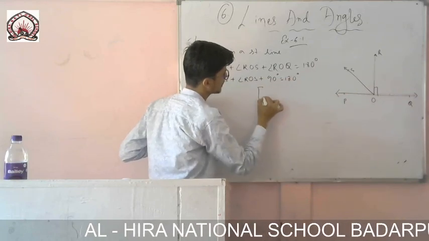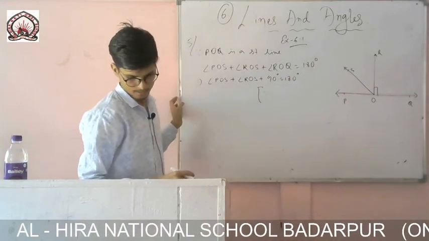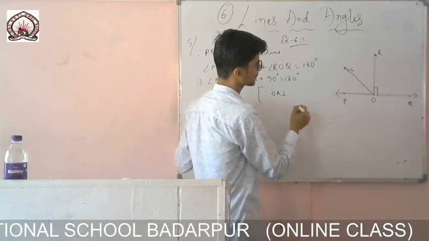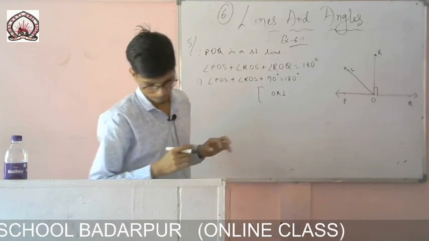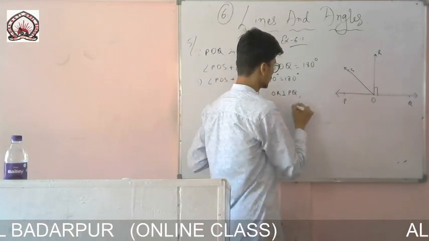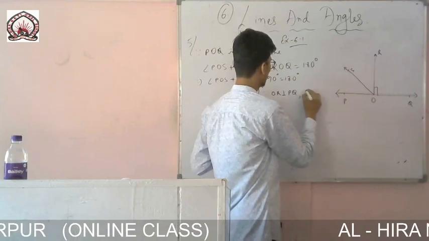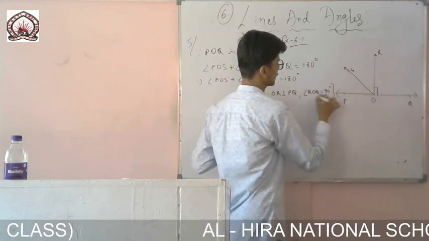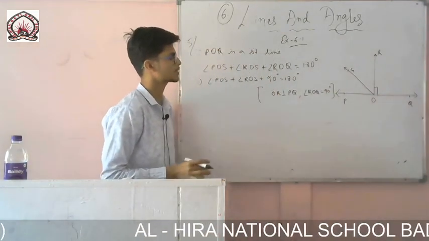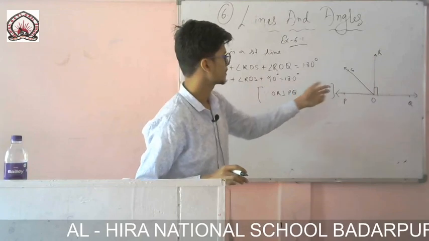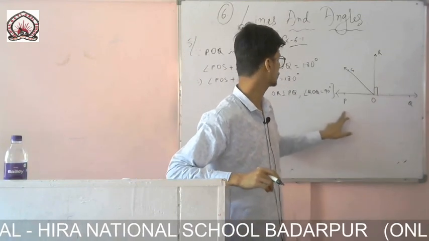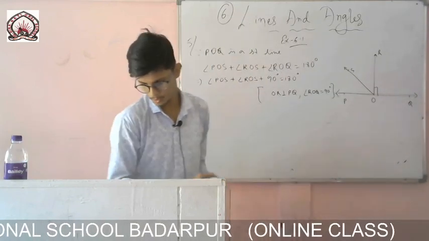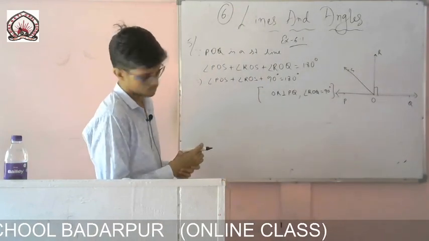So from where this 90 came, you have to write, since OR is perpendicular to PQ, given, then angle ROQ will be equal to 90 degree. You write it there, since directly you cannot write. From where you have got that, it is given in the question OR is perpendicular to PQ. So if OR is perpendicular to PQ, that means angle ROQ is equal to 90 degree.